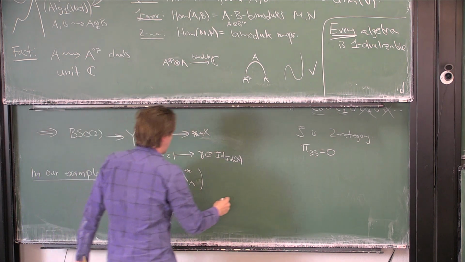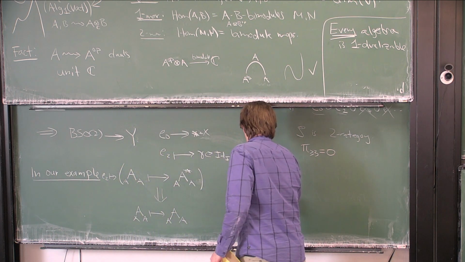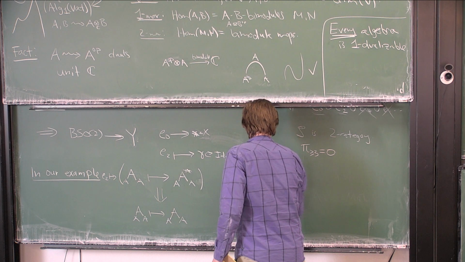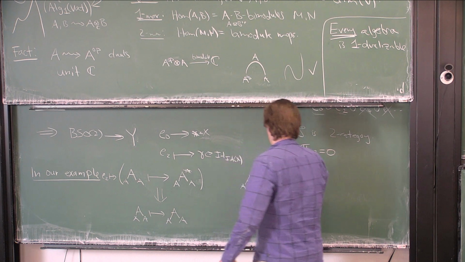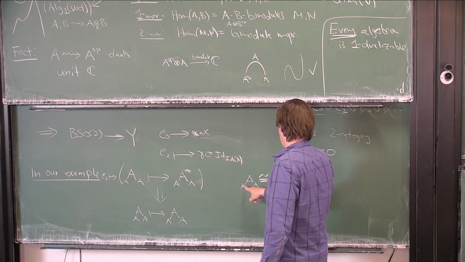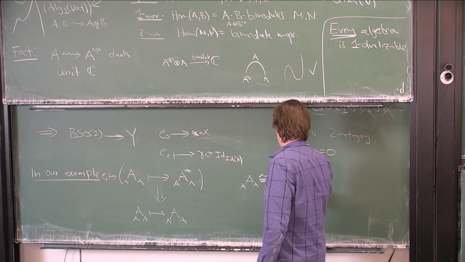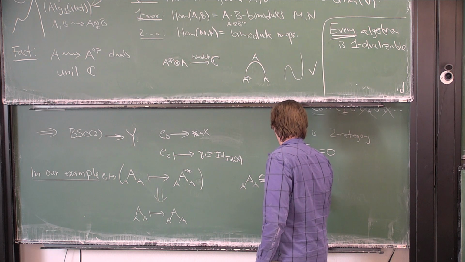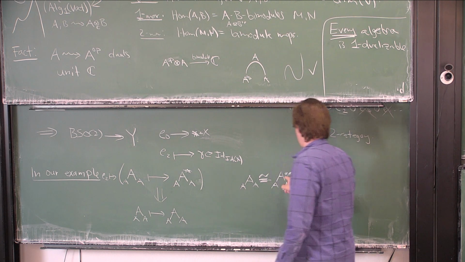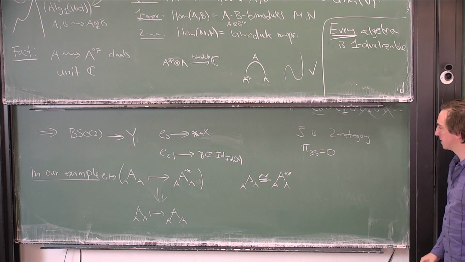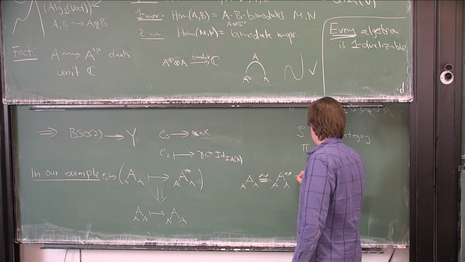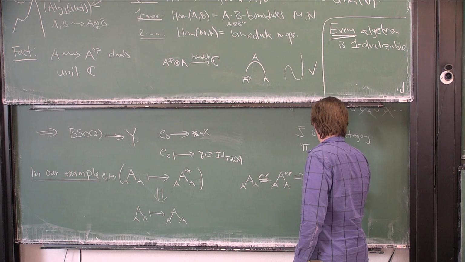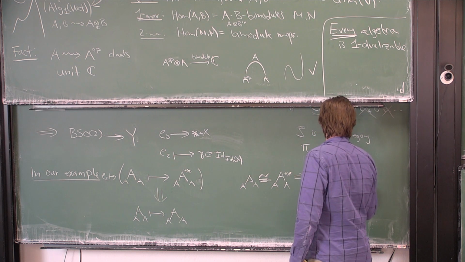So in other words, what I want is a natural isomorphism from A regarded as an AA bimodule to A regarded as a bimodule with the right action twisted. And now the point is that this is the same thing as an additional structure of a symmetric Frobenius algebra.